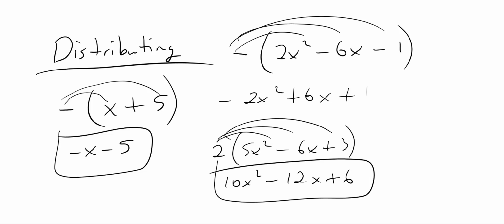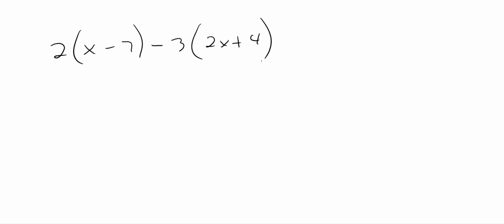So if we got a little more complicated where you had to combine like terms, so let's say I had something like 2 parentheses x minus 7 minus 3 parentheses 2x plus 4. Okay, so there's actually 4 things I have to distribute: the 2 times the x and the 2 times the negative 7. And the negative 3, make sure you distribute the whole thing. Negative 3 times 2x and negative 3 times 4.